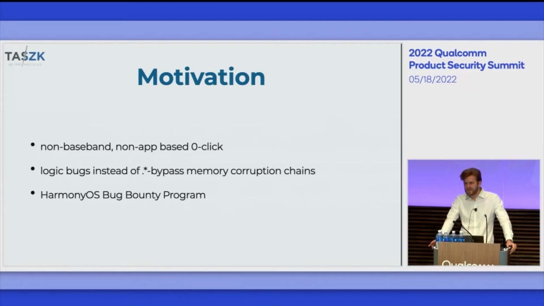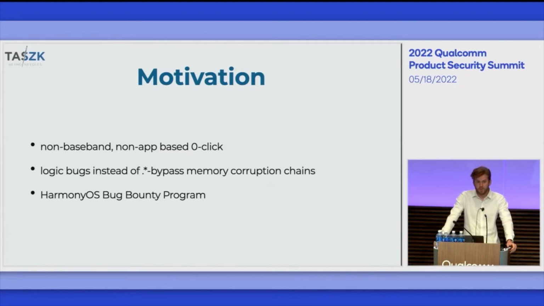And then the third thing was we have done some research on Huawei devices in the past. As recently as last Black Hat, we gave a presentation on this topic. But what gave us a new opportunity was that in recent times, Huawei moved most of their devices away from EMUI, which is their Android derivative, to what they call HarmonyOS, which is basically their new Android derivative.